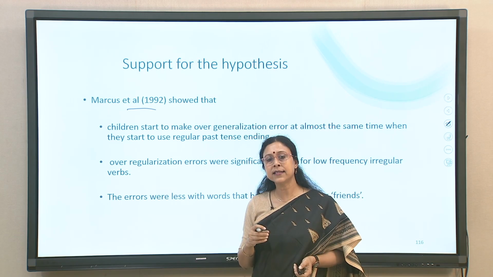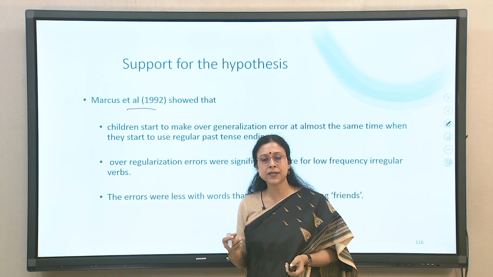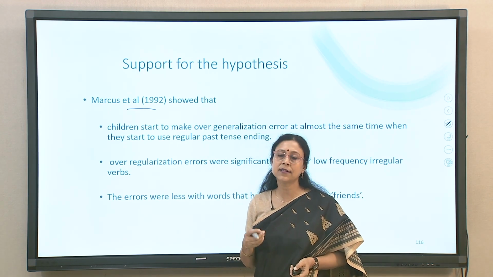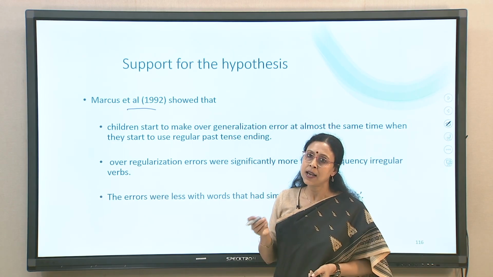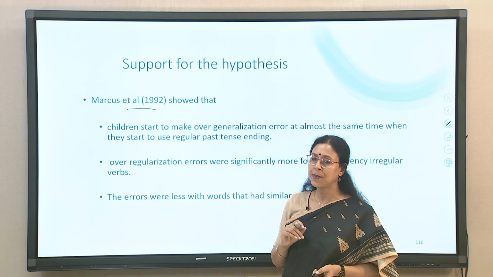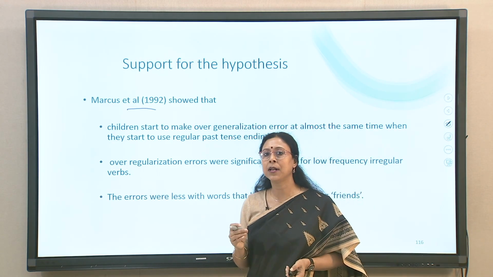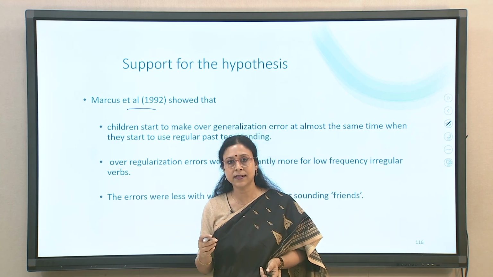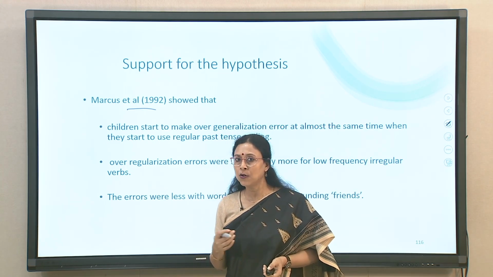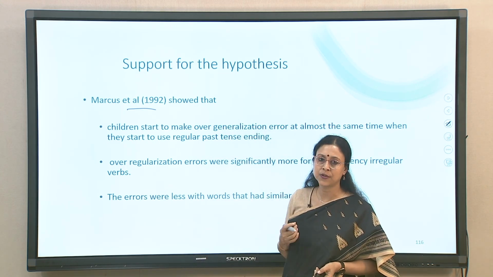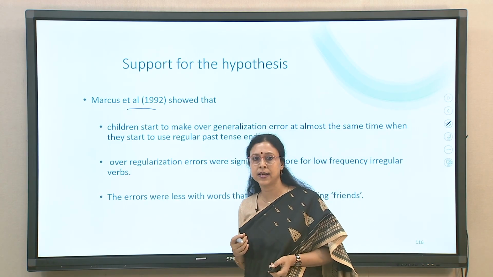This is the rule based past tense formation in the English language. As soon as they start to use the rule based form, that is also the time they start to over generalize. So, this neatly falls within the hypothesis that before they have learned the irregular forms as lexical entities, they will use the rules. This data supports that idea.